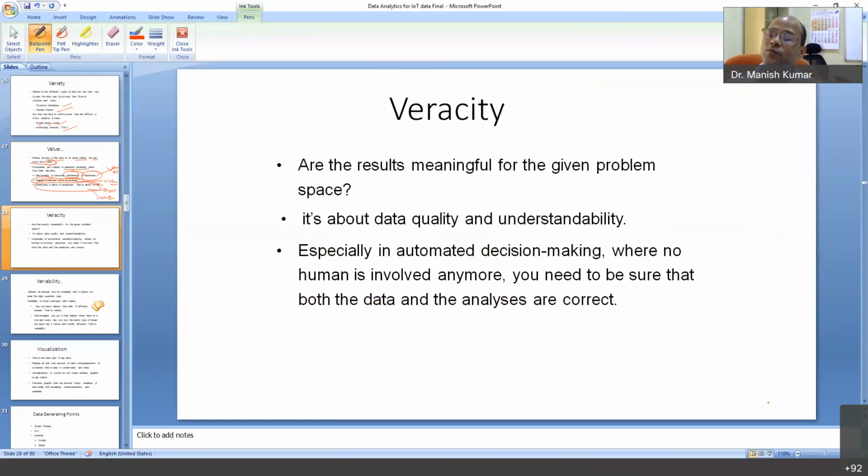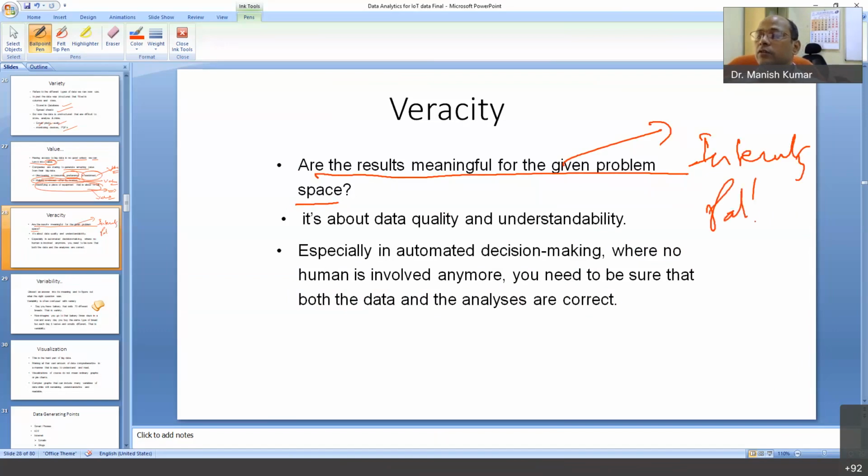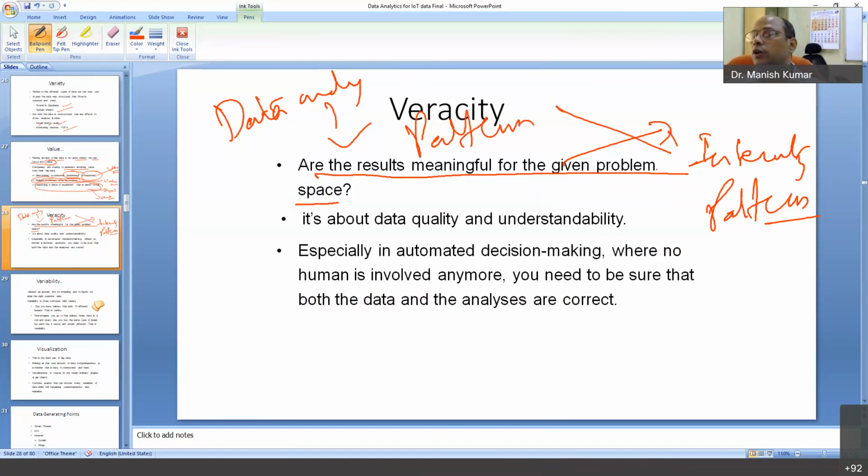Then veracity. The question always comes: are the results meaningful for the given problem space? That means you are talking about interesting patterns. What data analysis produces is patterns, and what we are looking for is interesting patterns.